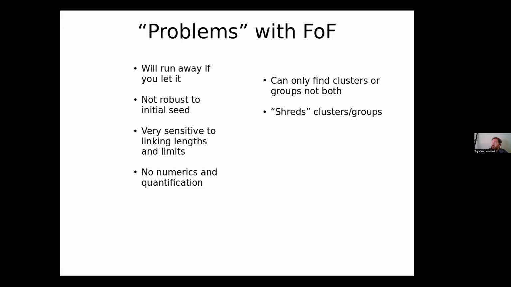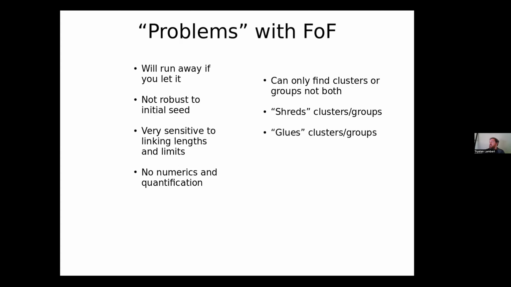So if your linking lengths are too short, or fine-tuned to find groups, it will tear a large cluster into many tiny little groups. And the reverse is true. If you're wanting to look for clusters and you have groups, it will put them all together and make one massive cluster. So it's difficult for us to differentiate by eye even what's a group, what's a cluster, and what really is the difference between a big group and a small cluster.